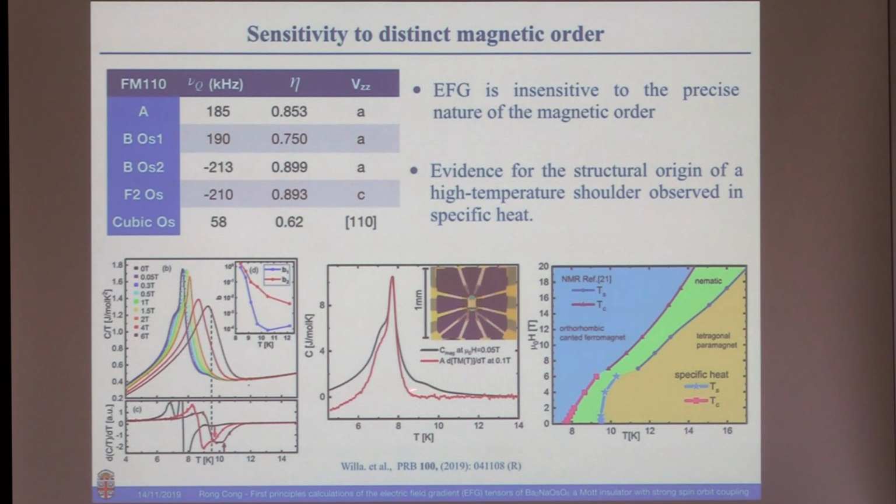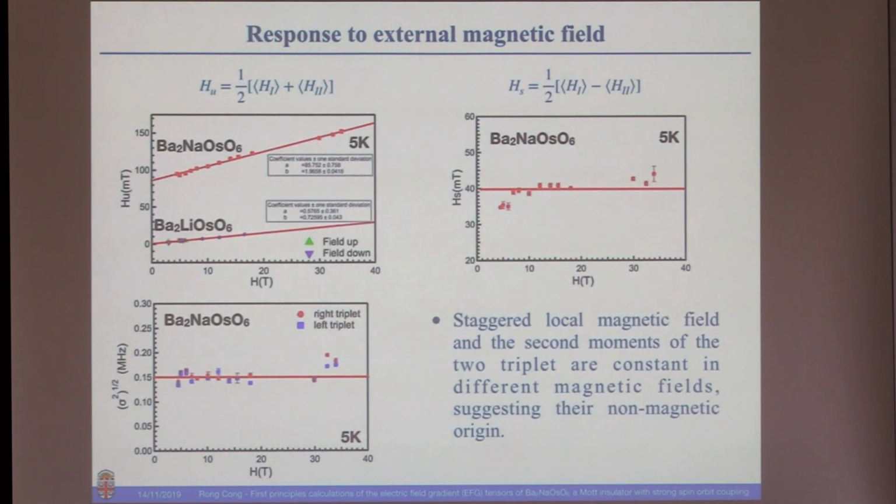They see that this higher temperature shoulder is not reproduced from only considering the magnetization part of the specific heat. So this is a combined phase diagram from NMR and the specific heat, and this insensitivity to the magnetic field can also be seen from the NMR experiment.